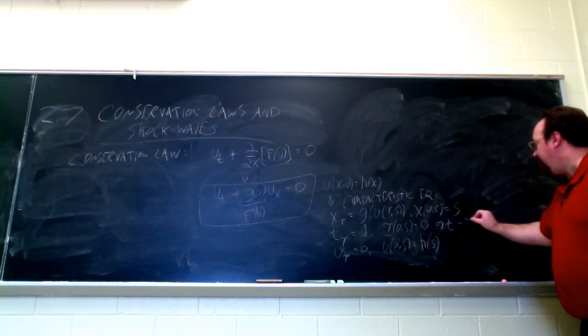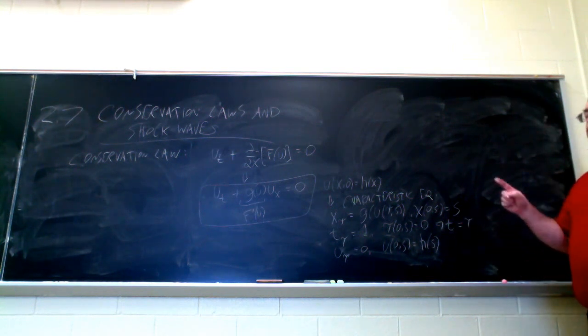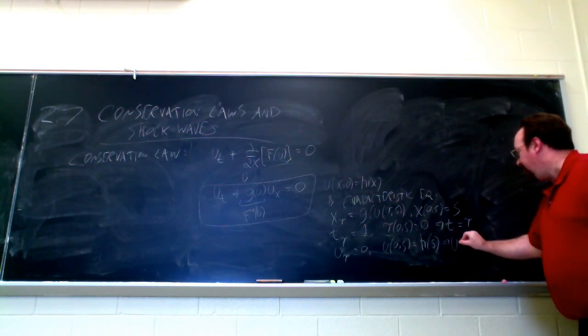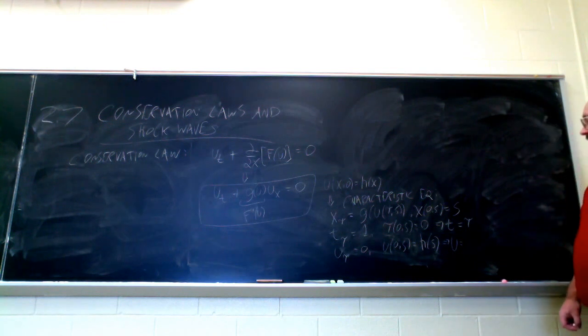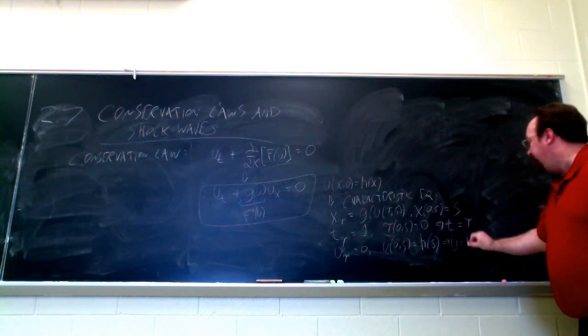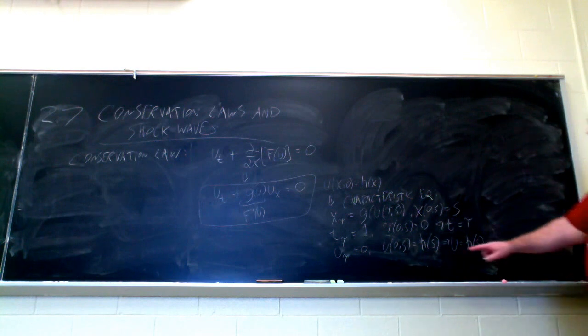Yeah, t is going to be tau. The next equation to solve is actually your u equation. What is your u equation going to be? So then h of s. Yeah, because it doesn't change at all. It's just equal to the initial value. Okay, so that's no problem. Yeah, t of tau at 0, s equals 0. Is it going to be t of 0, s in the second one? Yeah, it should be t.